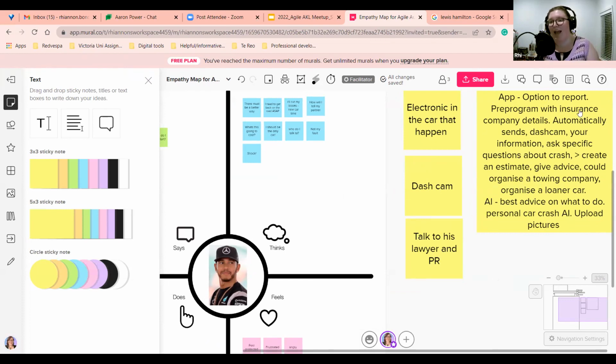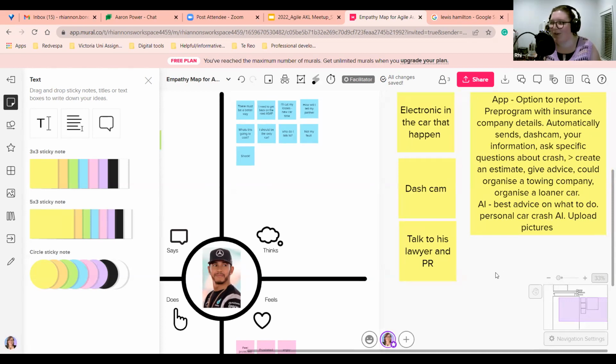But we might never have had this idea for our personal car crash AI if we were using Jane with the two kids, or if we just threw everyone together and said, all right, brainstorm, how could we make this experience better? So that's what our group came up with, which I think is quite cool.